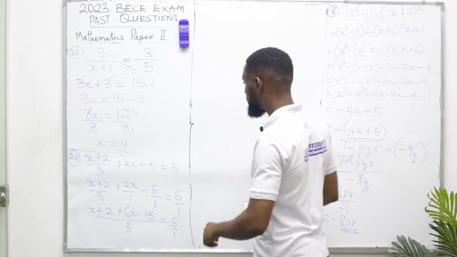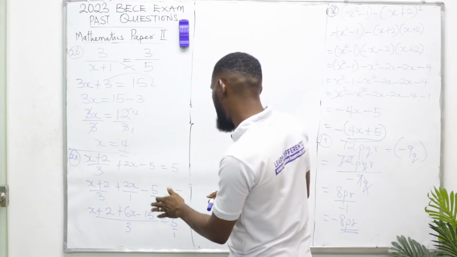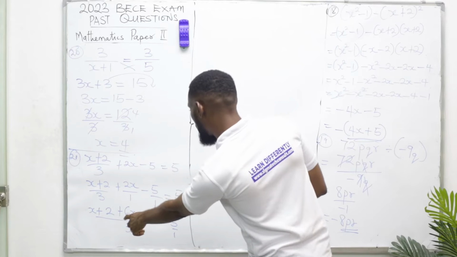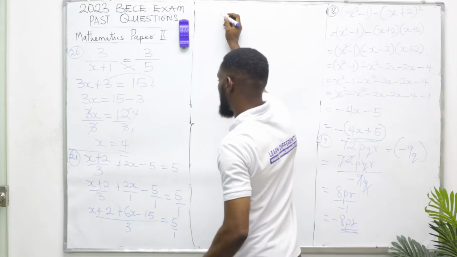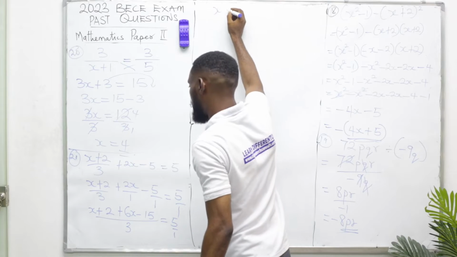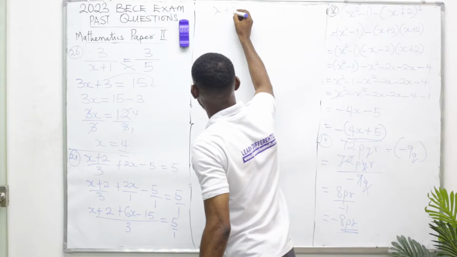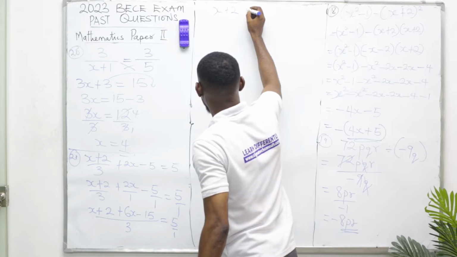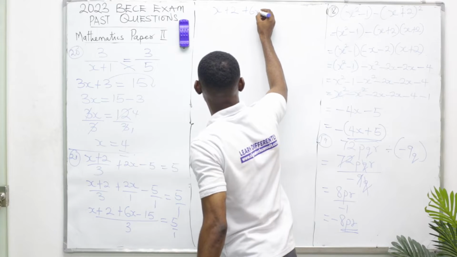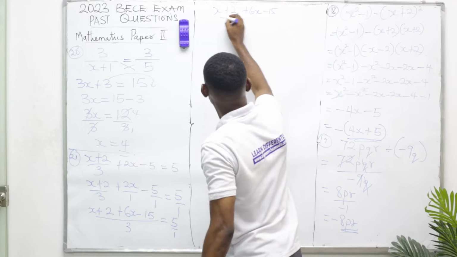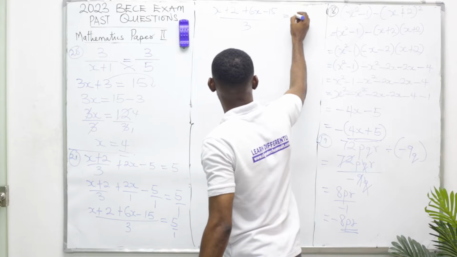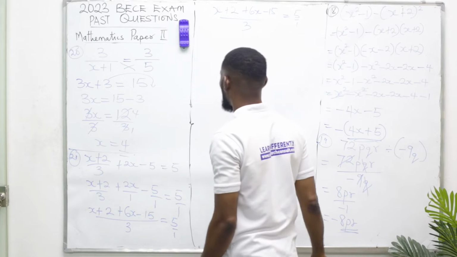With what we have here now, let's bring it up here. So this is x plus 2 plus 6x minus 15 all over 3 is equal to 5, maybe over 1 if you want to put that.